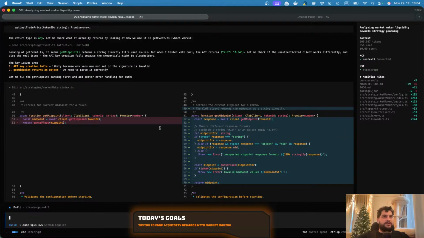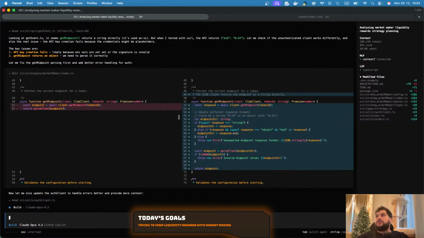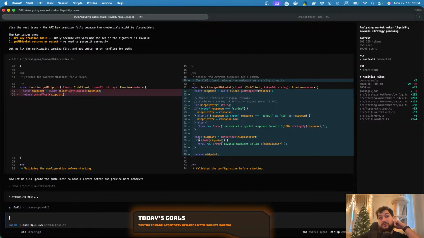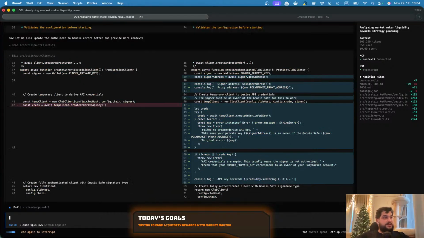So it found some issues with the get midpoint price endpoint. This is crazy. I guess we need to run a new clean session, or maybe just clean up this context here. What it's doing here is crazy. It doesn't have any capacity anymore, and it just creates, I don't know, this is unacceptable. Let's just stop it.